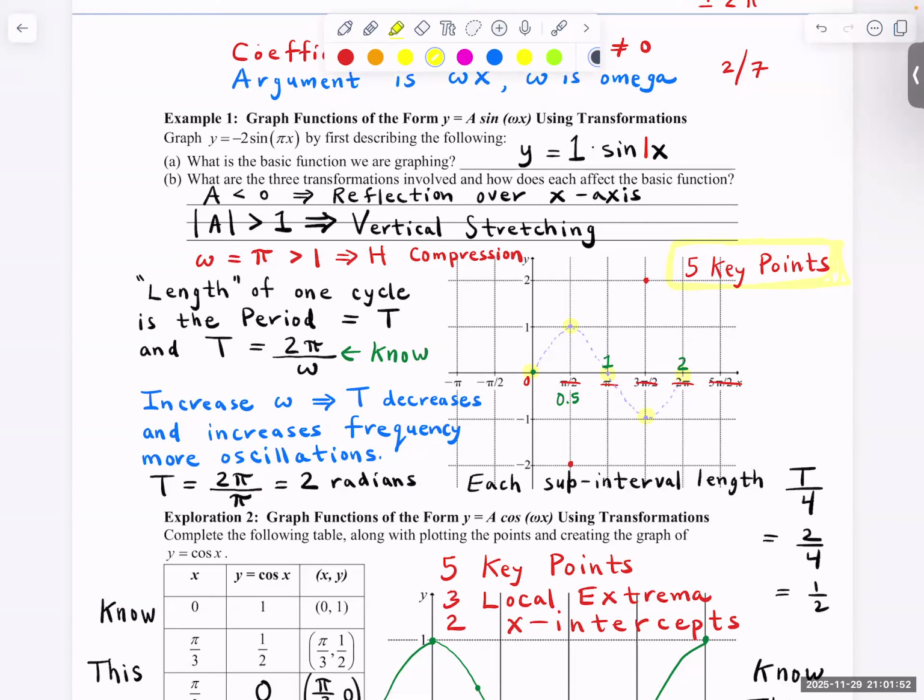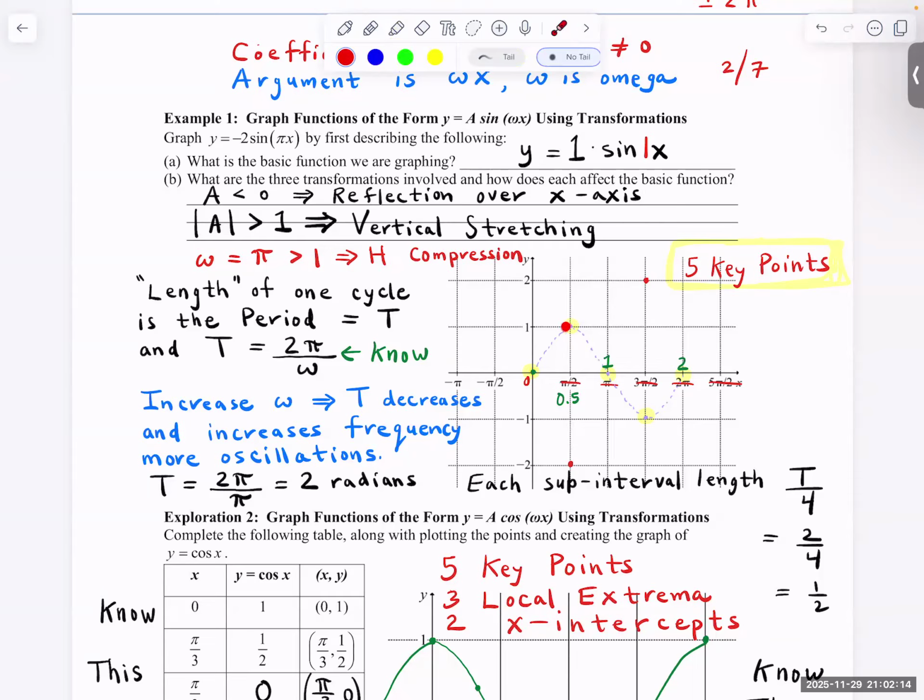Well, with a reflection, since A is negative, that means at 0.5 radians, there will be a local minimum at 0.5 radian, -2.